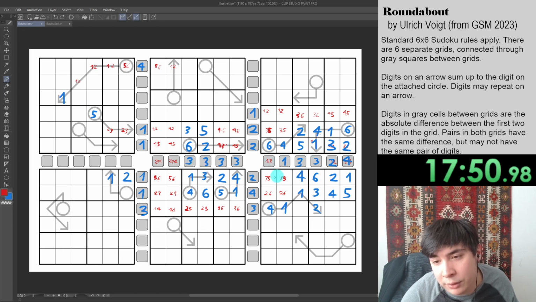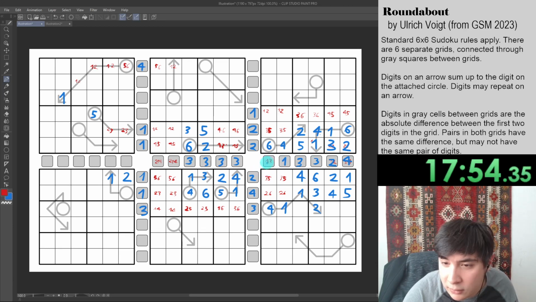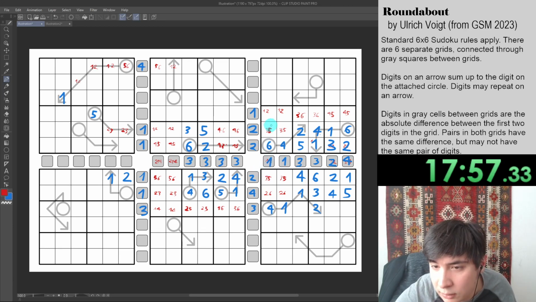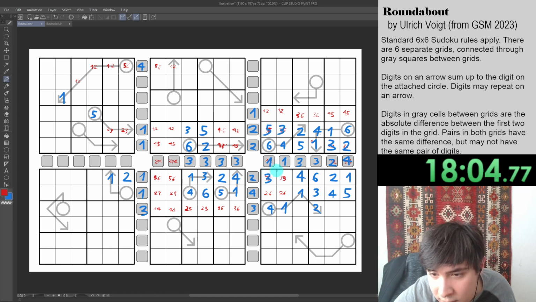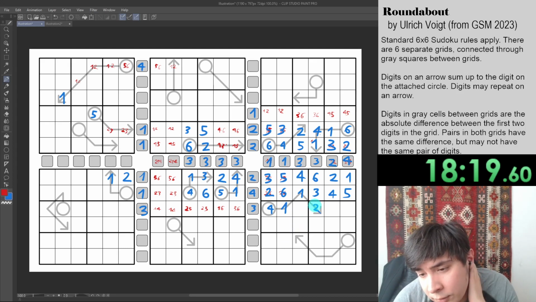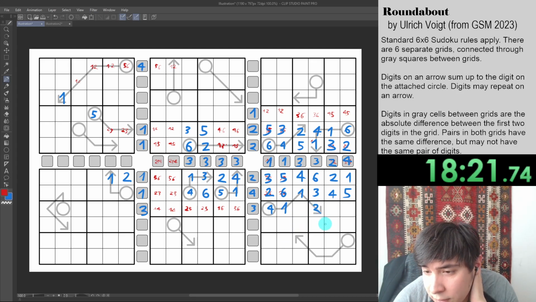So a 3 goes with another 3, a 1 goes with a 1. So this has to be a 1, which gives us a 5 and a 3 here. That means it's got to be not a 5-6 down below. This is a 3 that goes with a 2, and this is a 6 that goes with a 5. I wanted that to be powerful in figuring out the bottom, but it's not quite there yet.